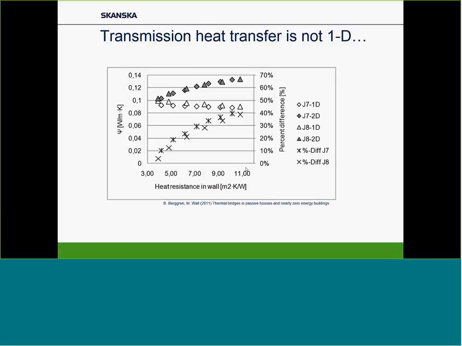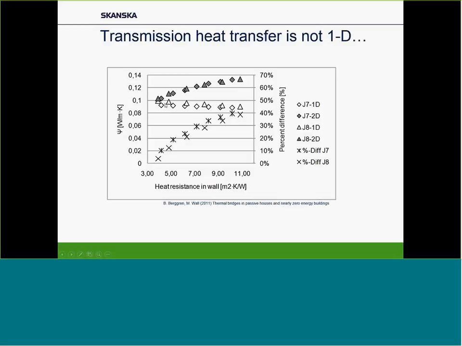For those of you who are more familiar with U values, this is because this, I think, was presented at an ASHRAE conference where they are more comfortable with R values. But the U value up here is roughly 0.1, which we can say is something that is very commonly used in passive houses and so on.